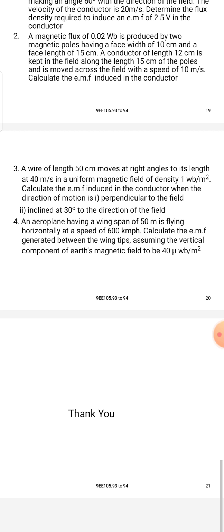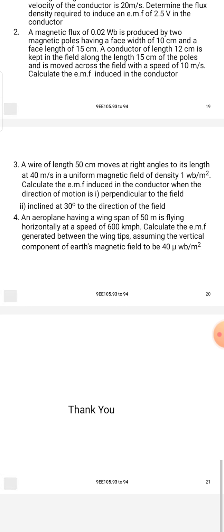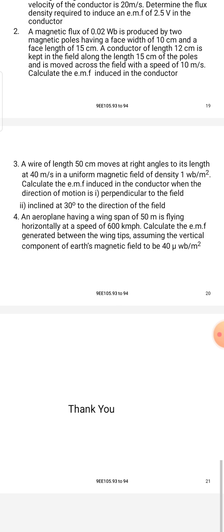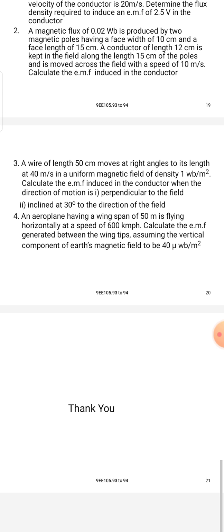Calculate the EMF induced in the conductor when the direction of motion is perpendicular to the field, and when it is inclined at 30 degrees to the direction of the field.